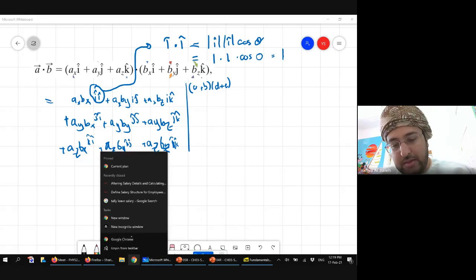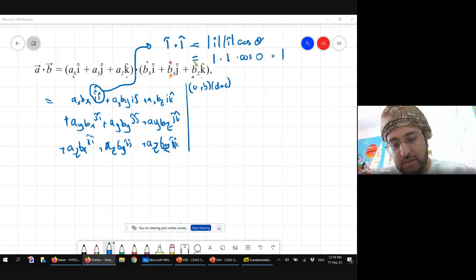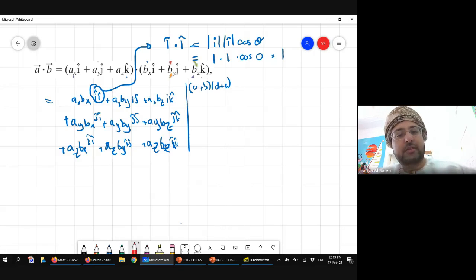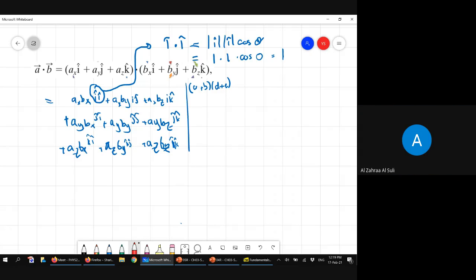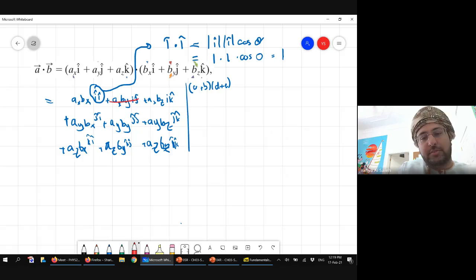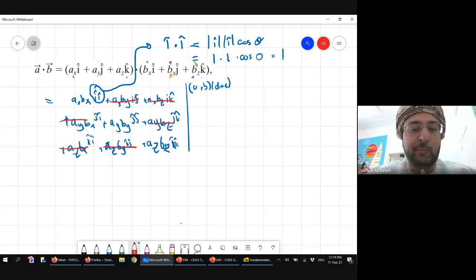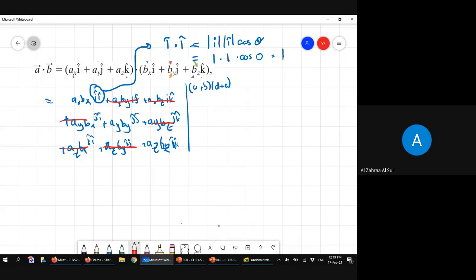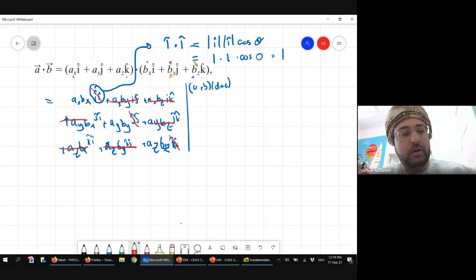That enables us to make it simpler, because anywhere where we have two same letters, I dot I, j dot j, k dot k, it becomes just 1. And anywhere where we have different letters, it becomes 0. So this becomes 0, this becomes 0, and so on. This is 1, 1, 1. Good.